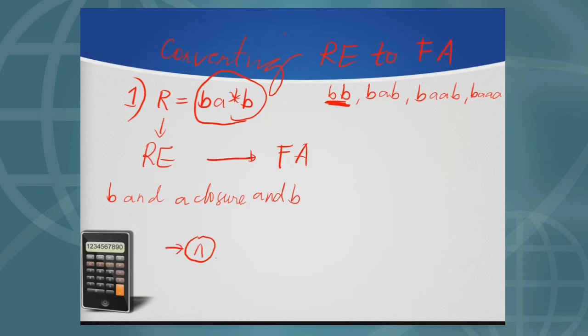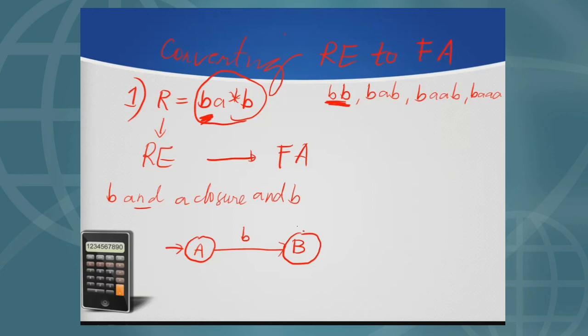So this is A. Then afterwards, it says AND, right? When it's AND, there should be a following state. Am I right? So you have B here. What do I input here? I input a small letter B. This is the first B in our given, B A closure B. Then it says A closure, and when it is A closure, it is a self-loop.